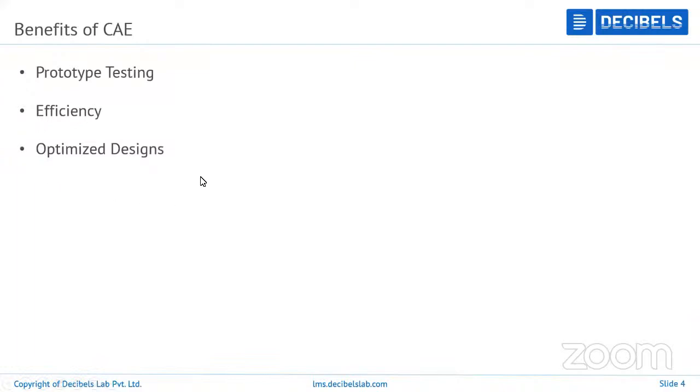Next is the optimized design. What does optimized design mean? When we are designing any component, we will not be knowing whether the component or the structure is completely required or not. But using the CAE software, it will tell us.